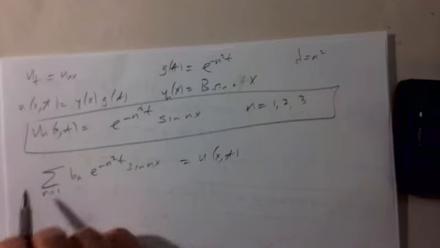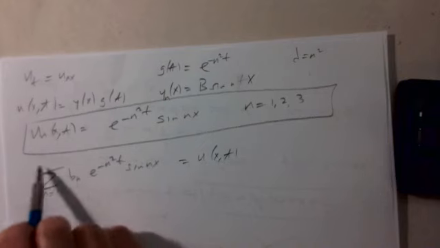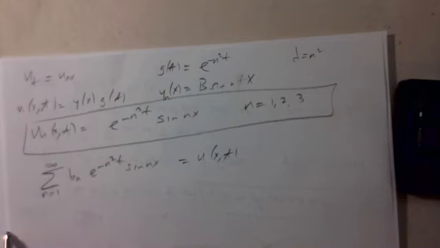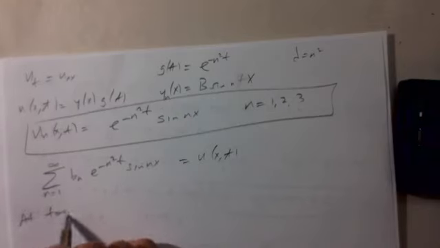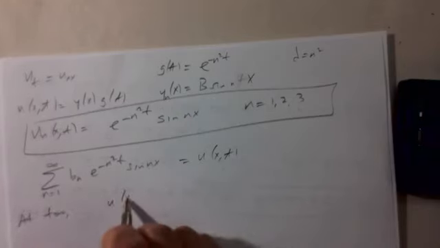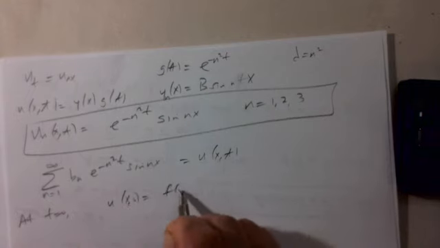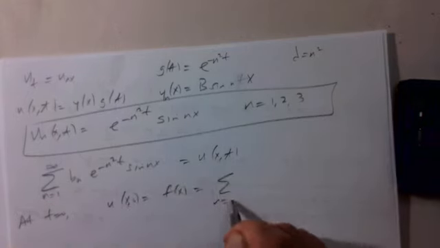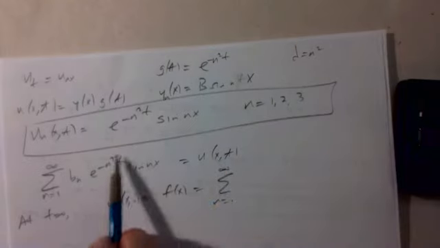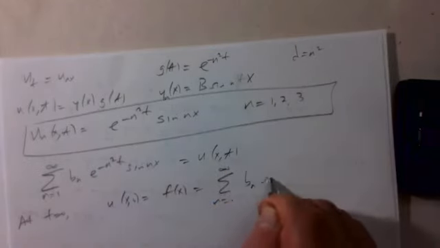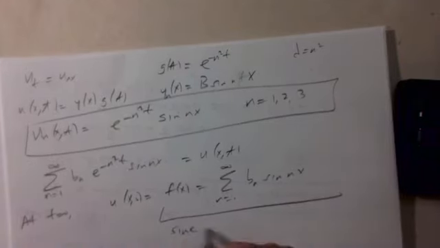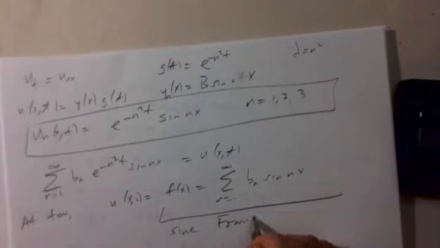And the question is whether, if you take some convergent infinite series of these, you get something which satisfies not just the boundary condition, but the initial condition. So at t equals 0, u of x, 0, which is some function f of x, is the summation from n equals 1 to infinity of b sub n sine nx, since e to the 0 is 1. So this is, as we saw before, a sine Fourier series.